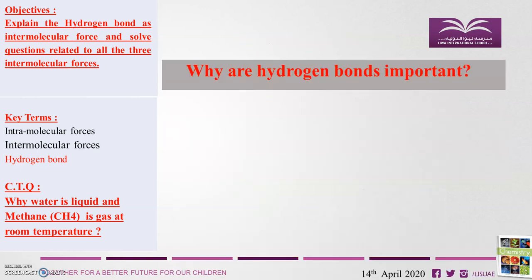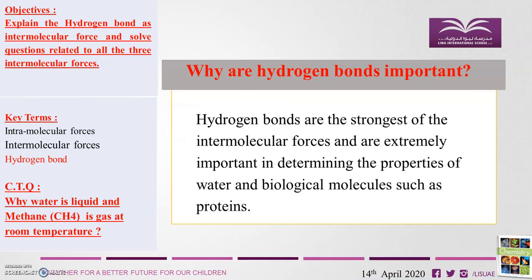Now, some questions are important to solve when we talk about hydrogen bonds. One of these questions is the following: why are hydrogen bonds important? Why are they the strongest? Because hydrogen bonds are the strongest of the intermolecular forces. They always help us determine the properties of water.